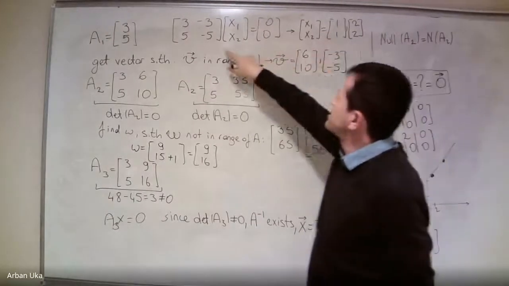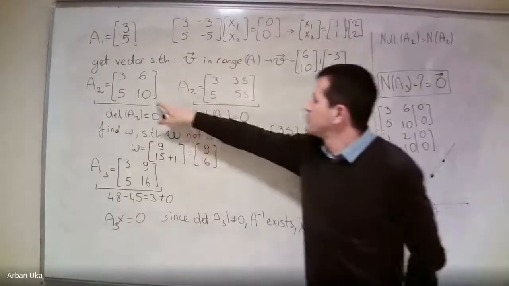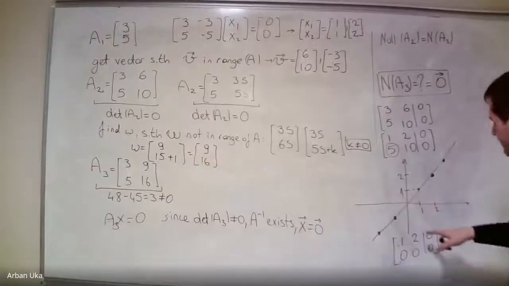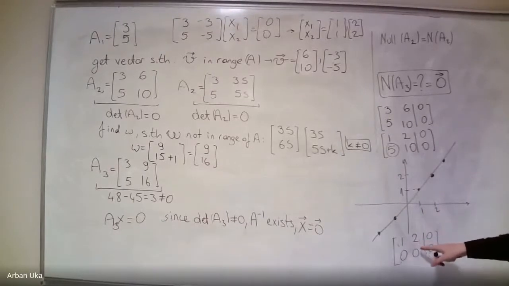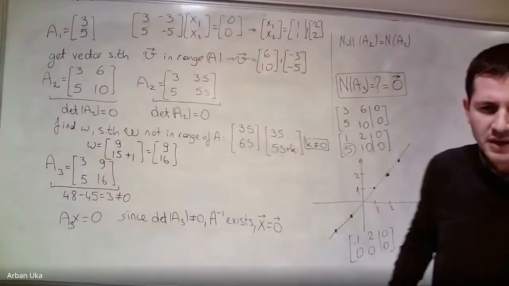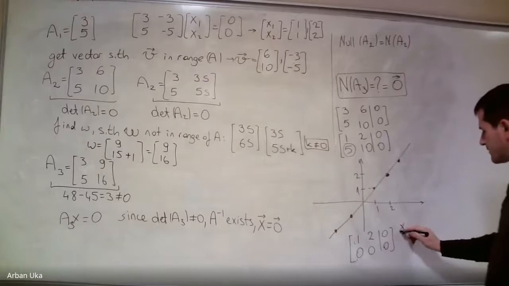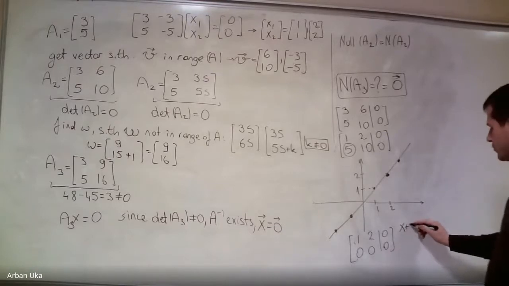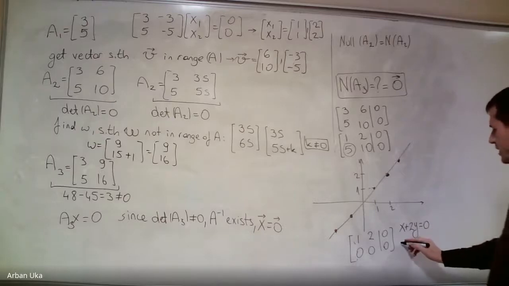Here we used this matrix, and now here we are using this, so probably the solution is going to look a little different. So what do you observe from here? From this reduced row echelon form of this problem, we observe that we have x plus 2y equal to 0, right? So what is y here?